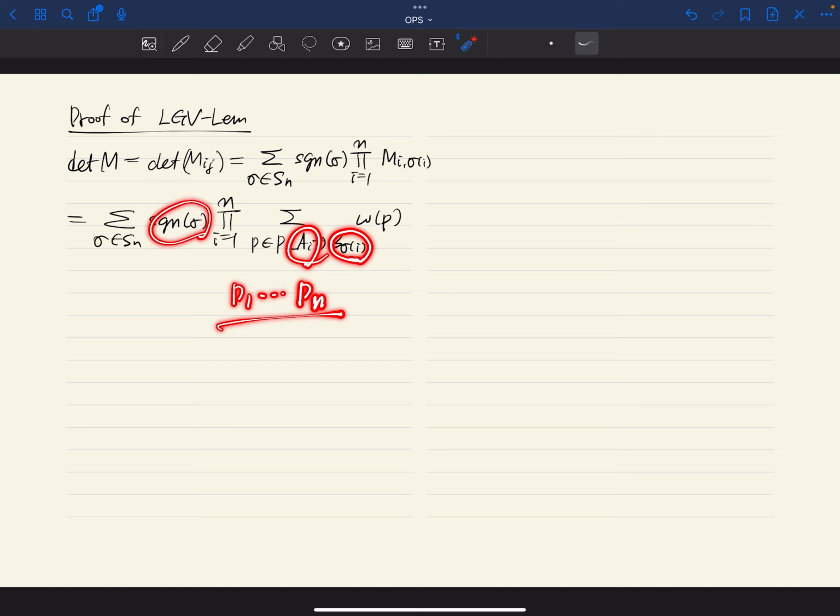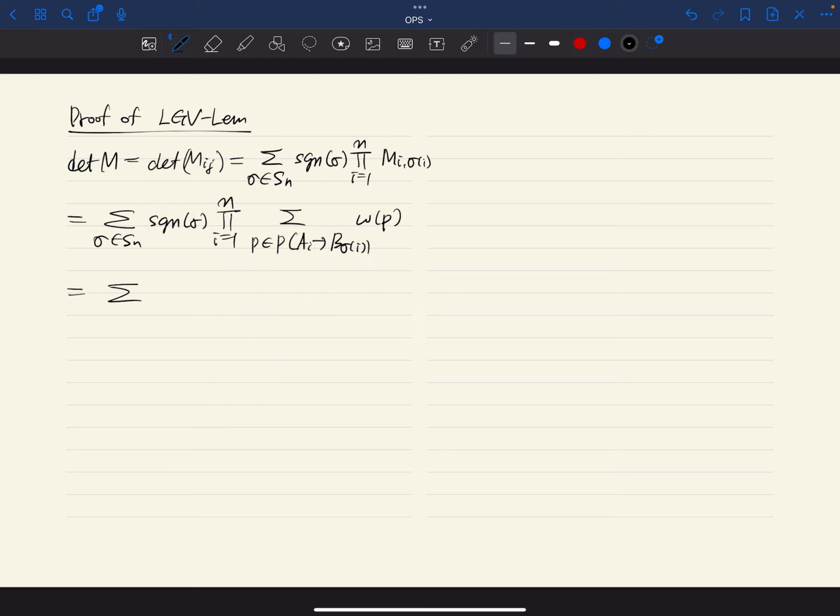A sign comes from the shuffling of the ending points. This is exactly the sum over all n-paths from A to B, sign of P and weight of P. This is just the definition of n-path. We just set up things so that this can be written nicely and simply in this way.